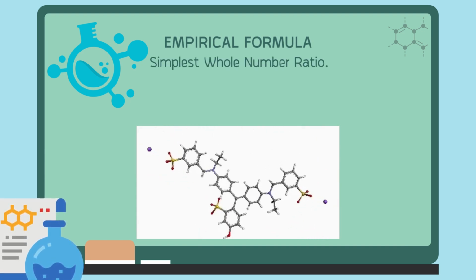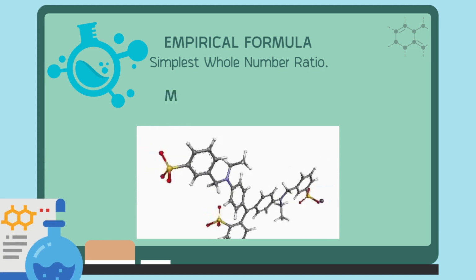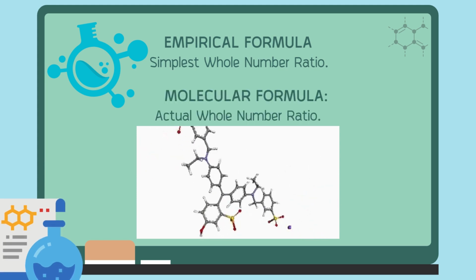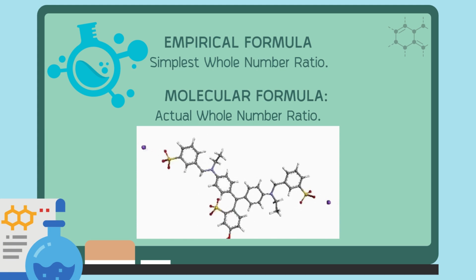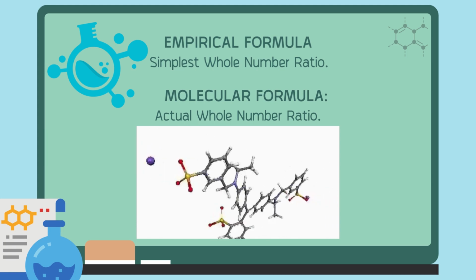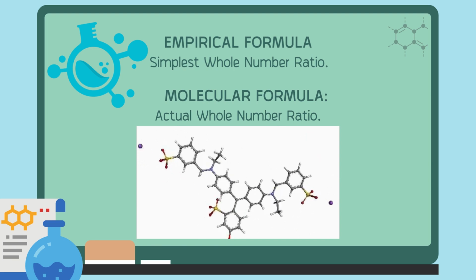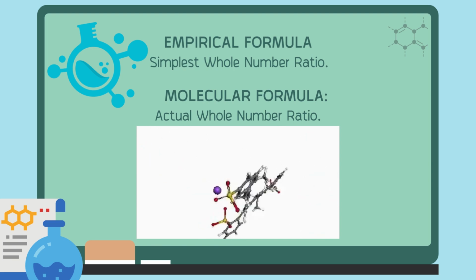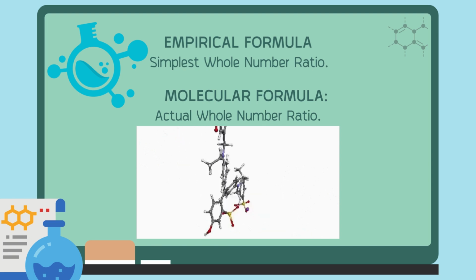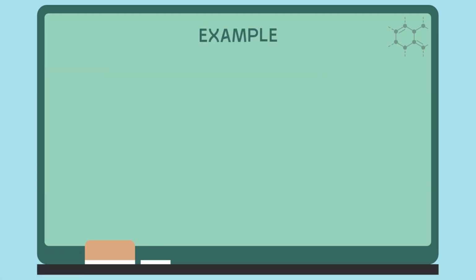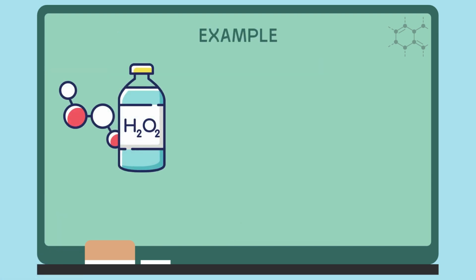Whether it is the empirical formula or molecular formula, both of these represent the whole number ratio. The difference between the empirical and molecular formula is that the empirical one gives the simplest whole number ratio of the atoms present. For example, hydrogen peroxide has a chemical formula of H2O2.